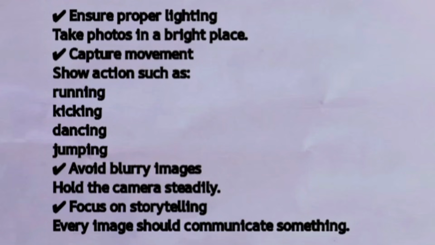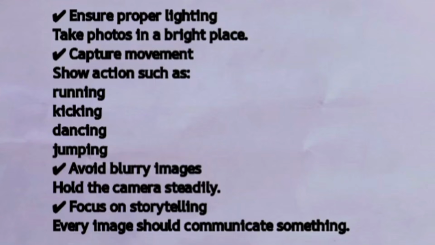Let us not just take photos which are not in motion. Let us take photos that are in motion. Then also avoid blurry images. Here you have to hold the camera steadily. Then focus on storytelling. Every image should communicate something.